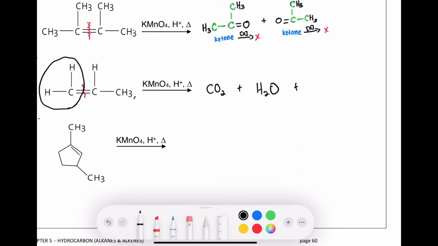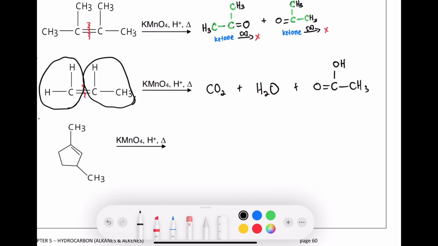And at this side, C double bond O, CH3, so for the H you just add O, H here. Alright, so this is the final product that you have to draw or write.